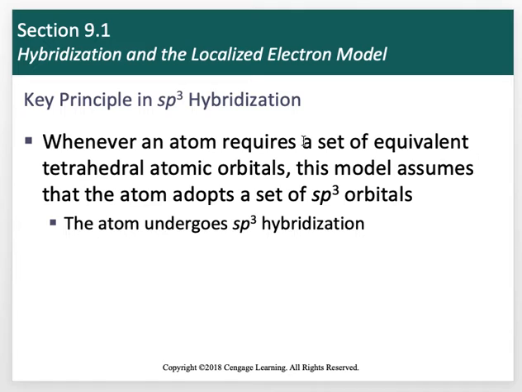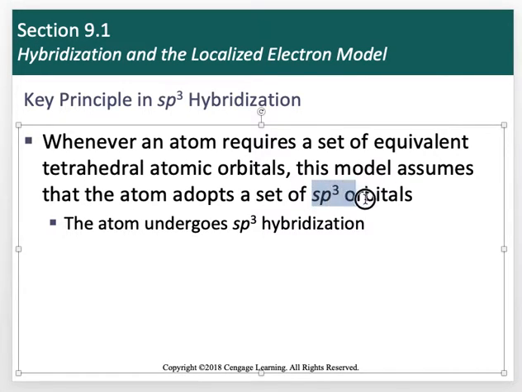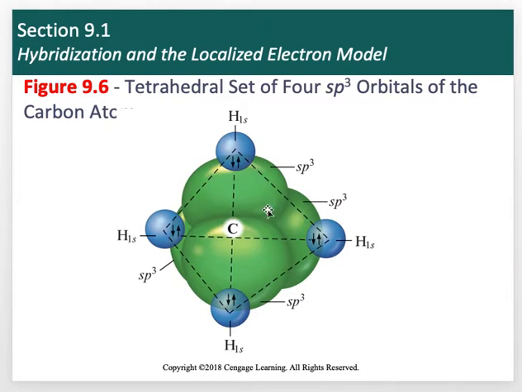So whenever an atom requires a set of equivalent tetrahedral atomic orbitals, again, think of CH4, this model assumes that the atom adopts a set of sp3 orbitals. The atom undergoes sp3 hybridization. And it would look something like this. The green represents the carbon, the blues represent the hydrogen.